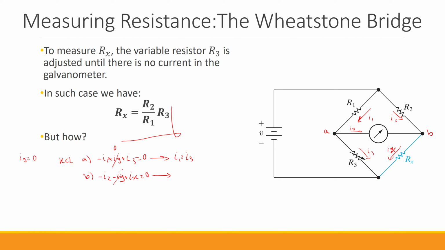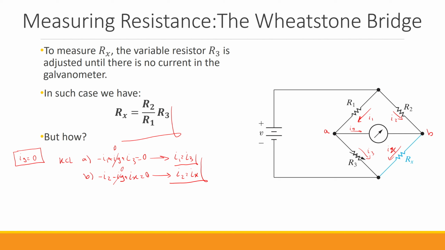Since IG equals 0, we have I2 equal to IX. So these are the two equations that we get when IG equals 0. That is the condition for these two equations. And again, we change R3 until we get IG to be 0.